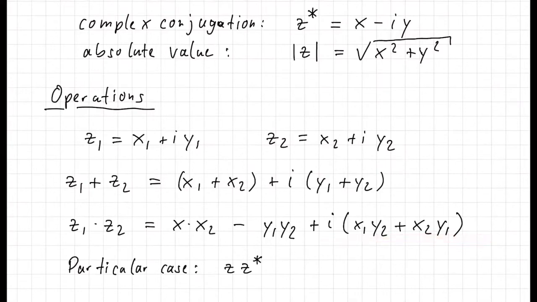That's because there will be a minus sign here, and this term is actually the same. Additionally, because of the minus sign in the complex conjugate, y1 and y2 have opposite signs, so that in total we simply get x squared plus y squared, which we clearly recognize as the absolute value squared.